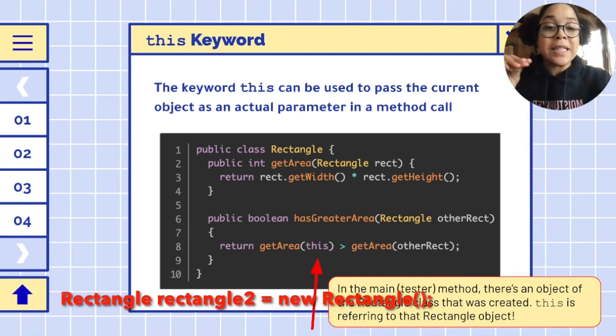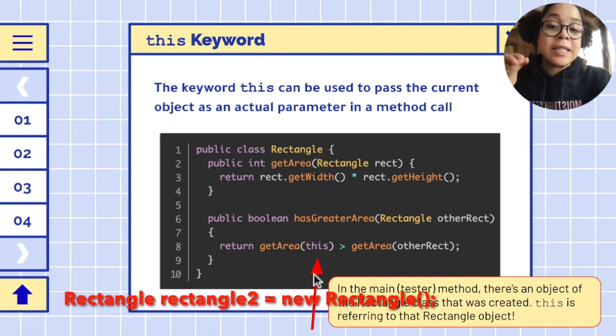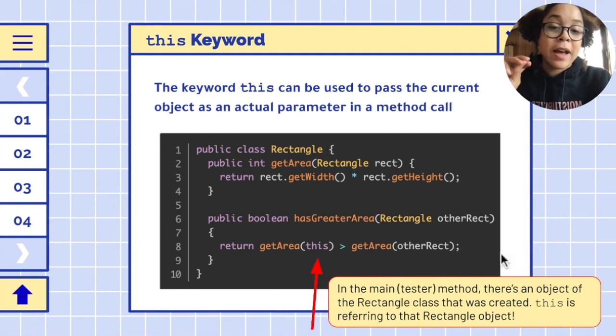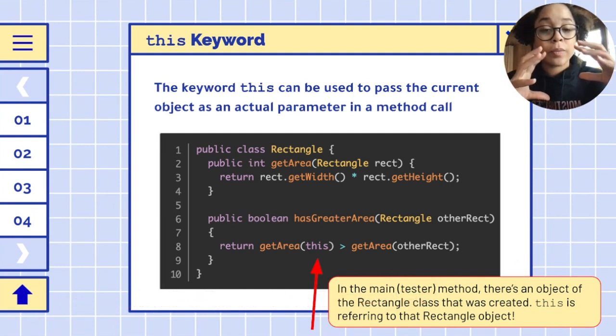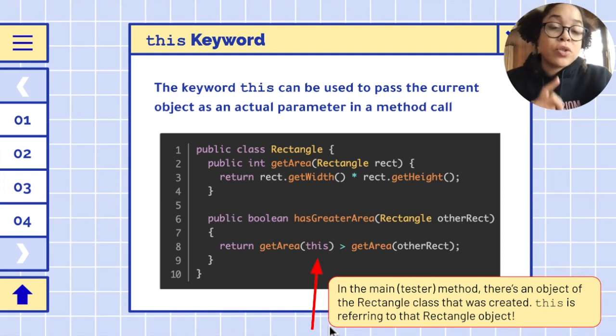So it would be rectangle1 dot hasGreaterArea, and in the parentheses would be rectangle2. So when this getArea is called with the keyword this inside the parentheses, this is referring to rectangle1. And other rectangle would be referring to rectangle2.